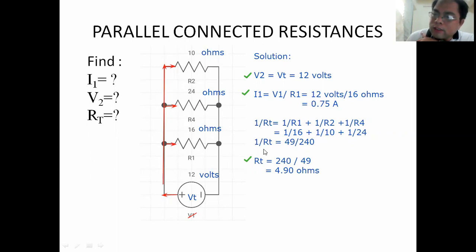Once that limit is exceeded, the wire will heat up or get burned. So our wirings have a maximum value. To avoid hazards like fire, think about the capacity that the wire can carry.